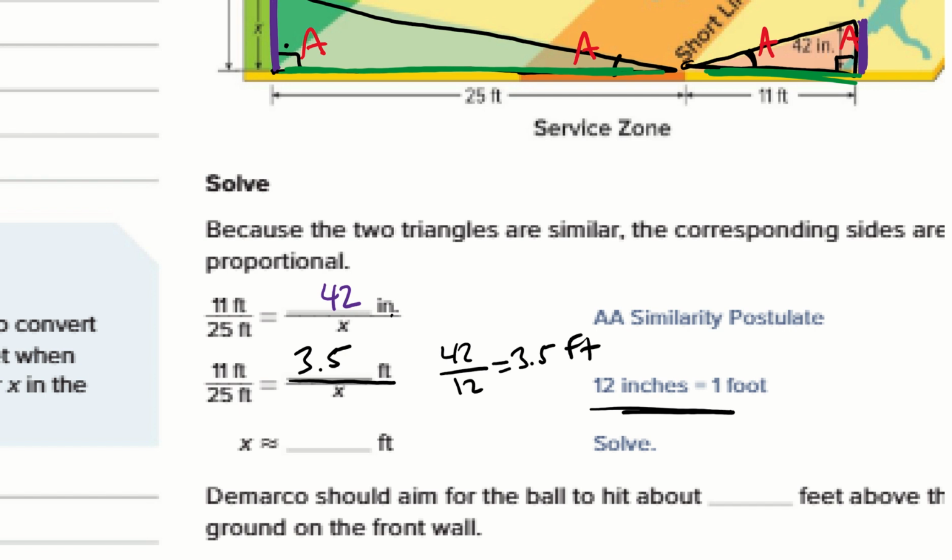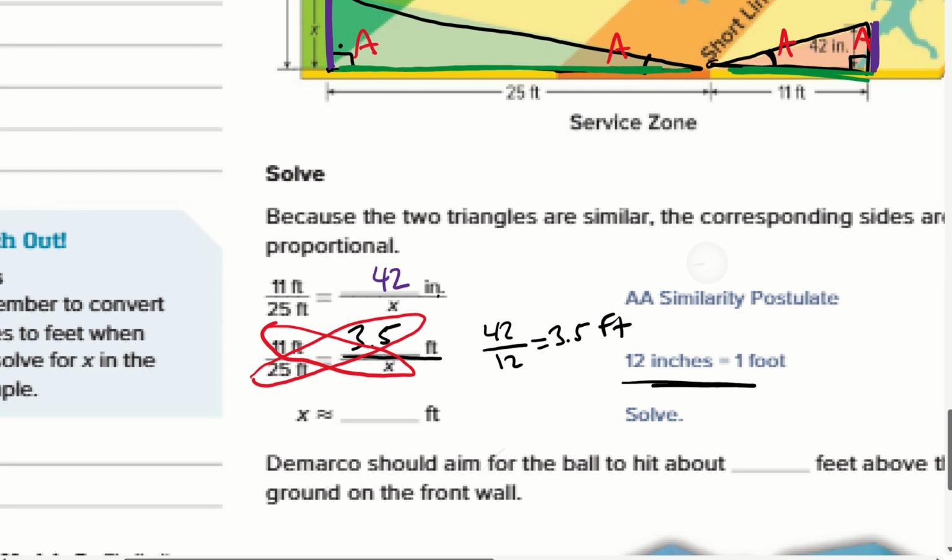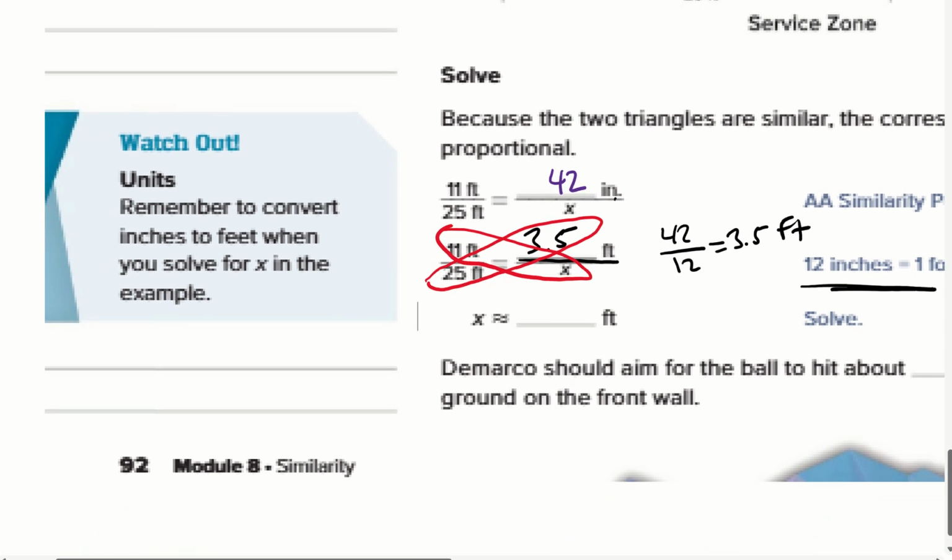And now we're going to cross multiply, butterflying. So we get, and we'll show our work off to the side, 11X equals 3.5 times 25. So let's see, 3.5 times 25.